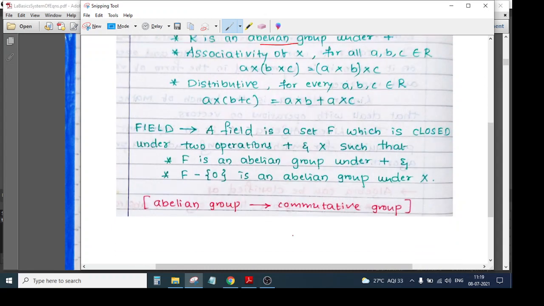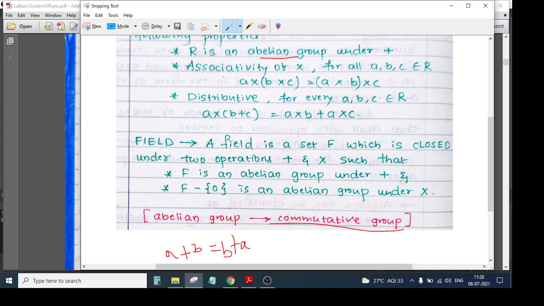It must be a commutative group. The commutative group is nothing but, say for example, I have A and B. So A plus B must be equal to B plus A. If this condition is satisfied, that means the first property or the first criterion is satisfied.